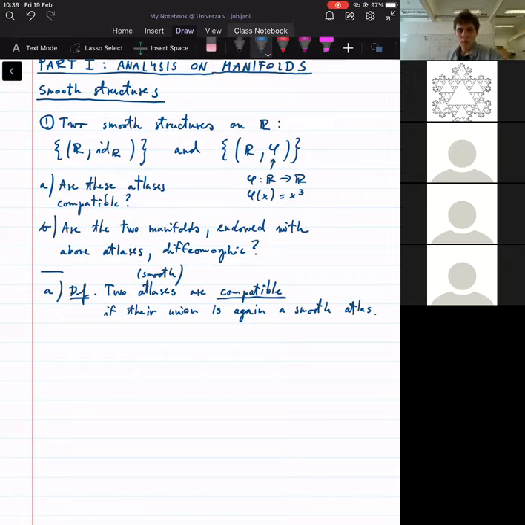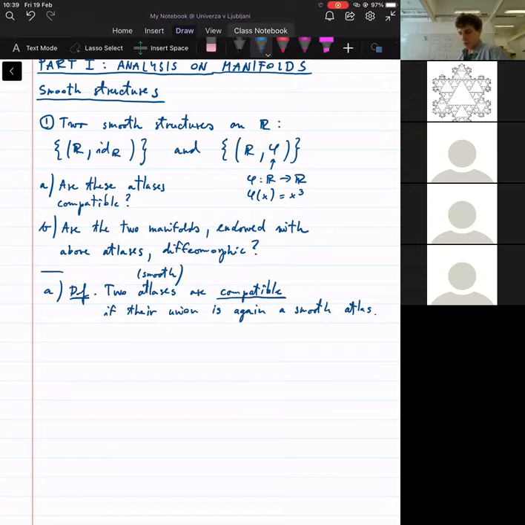Okay, and what is the central defining quality of smooth atlases? Diffeomorphic transition maps. Yes, exactly. So this is what we are concerned about.